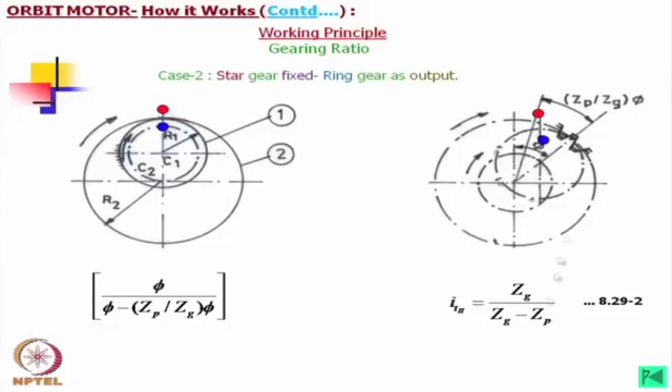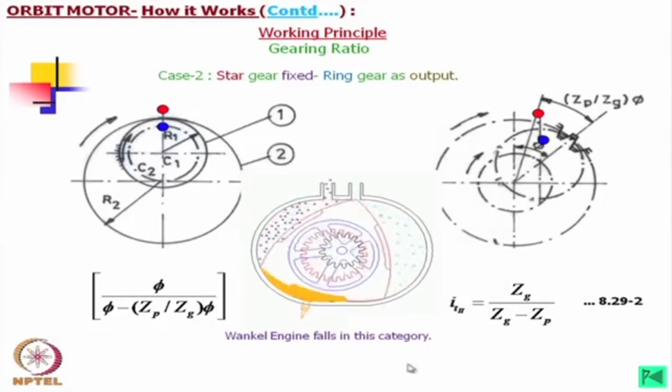And in the case of harmonic drives, you will find this difference is normally 2. So, if it is 100, then this will be 50. As in the first example I told you, this Zp is 100, so this is 102, and this will be 51. Okay.